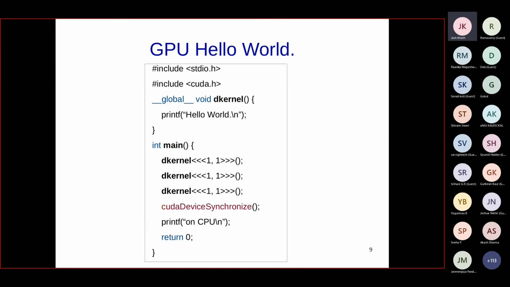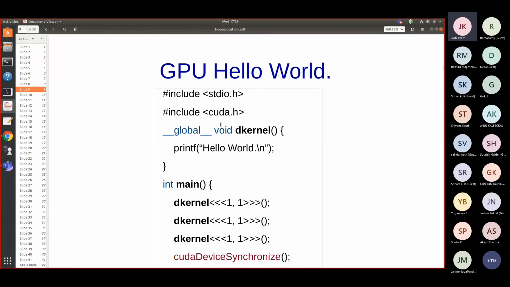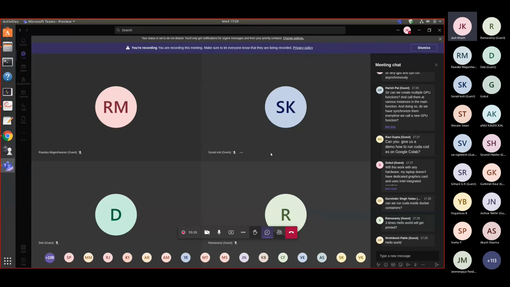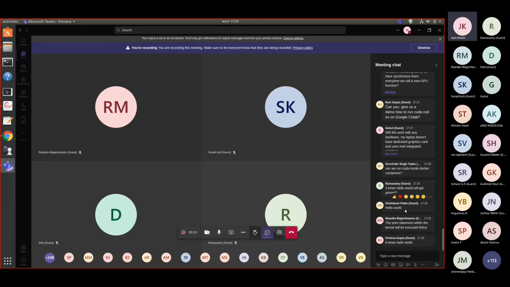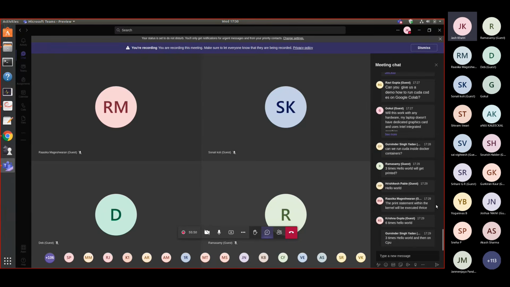Okay, I am assuming that each and every one of you has tried at least. We have some answers here. Three times hello world will get printed. The hello world print statement within the kernel will be executed thrice. Six hello world.